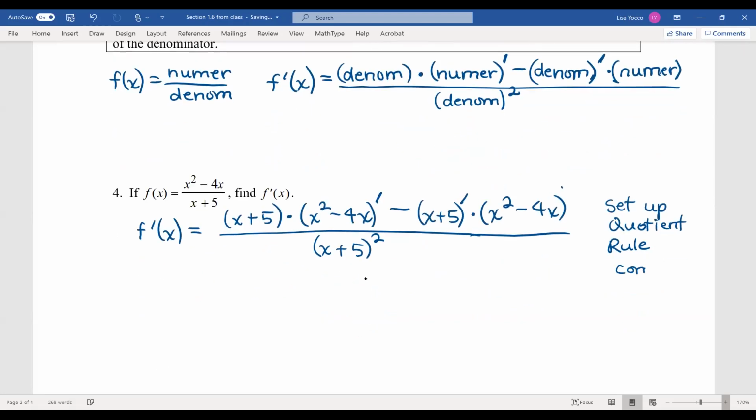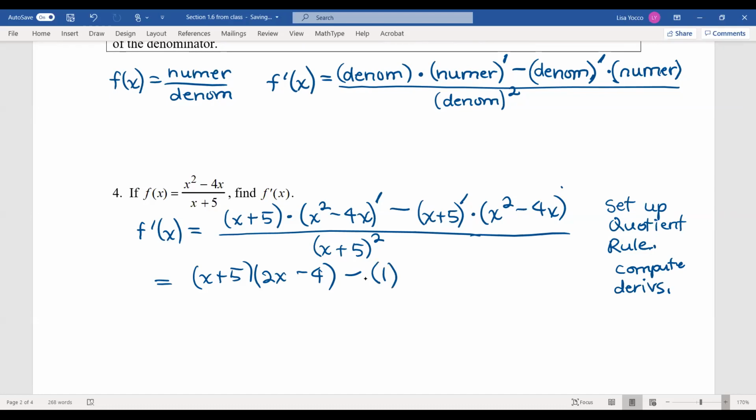All right, so the next step is to compute the derivatives. All right, so here we go. Keep x plus 5, and for the derivative of x squared, that's 2x. For minus 4x, the derivative is minus 4. Then subtract. The derivative of x is 1.